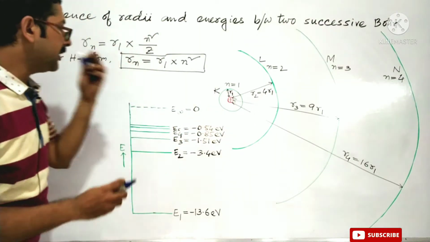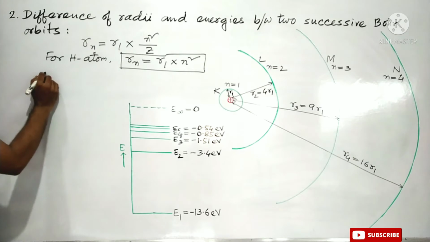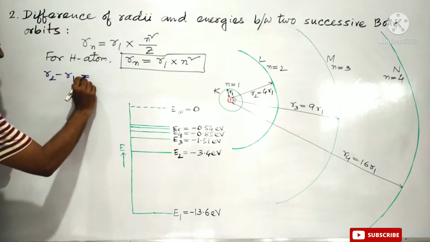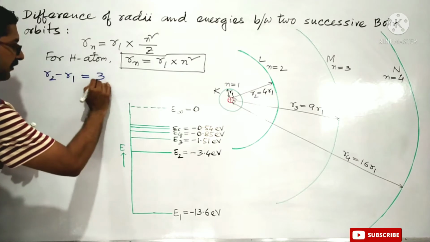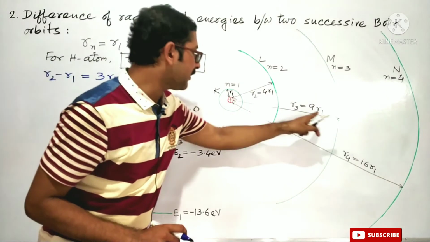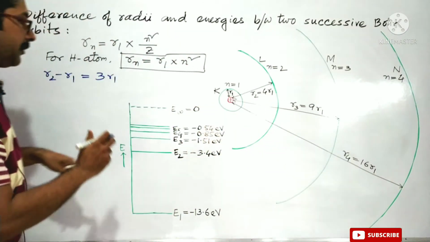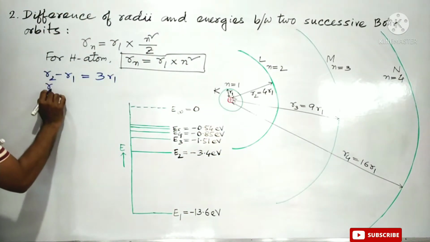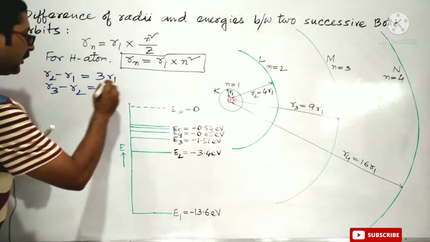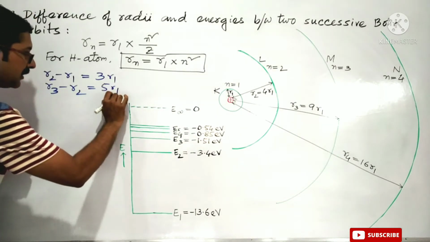This difference is 3 into R1. We can write R2 minus R1 equal to 3 into R1. The difference in radius between the third orbit and second orbit is R3 minus R2, equal to 9 minus 4, this is 5 into R1.